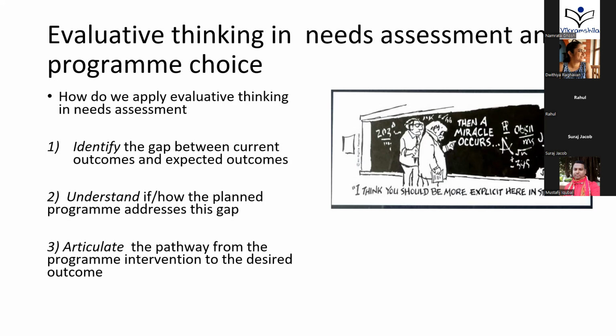What both Rahul and Suraj have just articulated is the process through which that decision was arrived at. That articulation is probably key in program choice: knowing why you are choosing this particular approach, and the reason for that needs to be justified only to yourselves at that particular point in time.